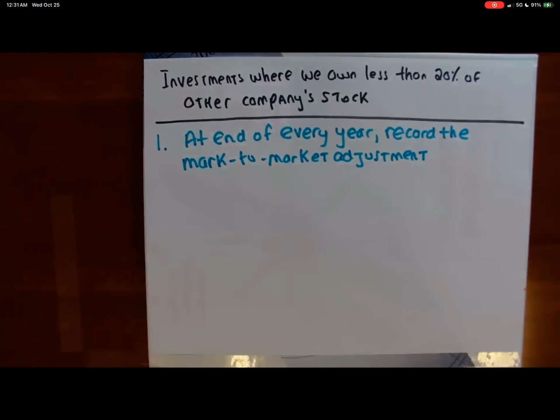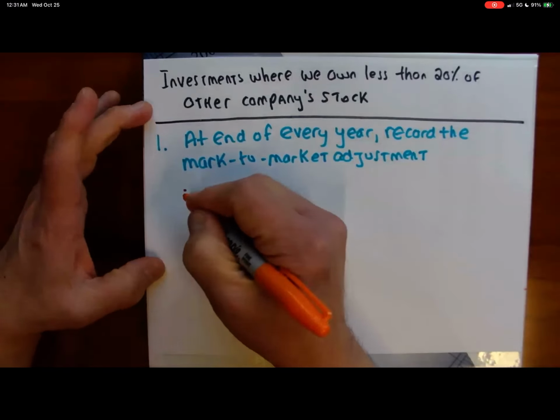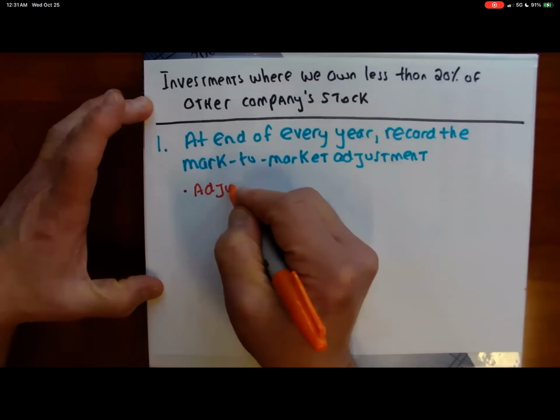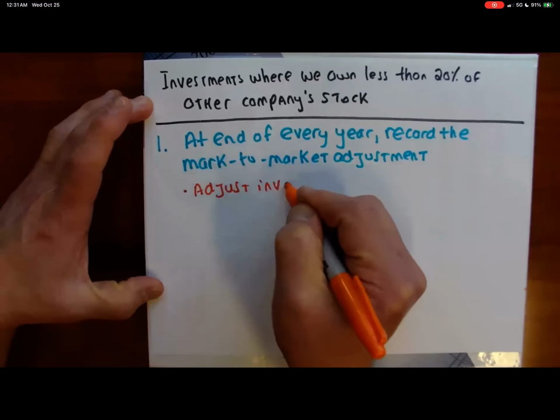One, it's going to adjust the investments account. Now, we should make note that is an asset. It's going to adjust that asset, the investments account, either up or down to its current market value. The one part of our mark-to-market adjustment is to adjust the investments account.